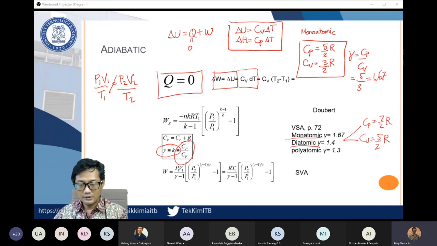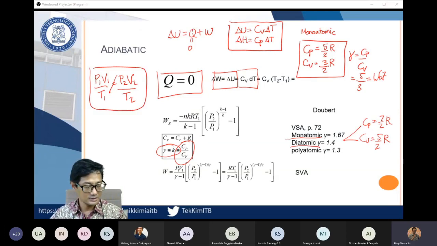Okay, if you want to know the details of the relation in the adiabatic condition, you may check the literature, the one more or less like this: P1 V1 to the power gamma is equal to P2 V2 to the power gamma. And if you have the relation between P1 and T1, it would be different.